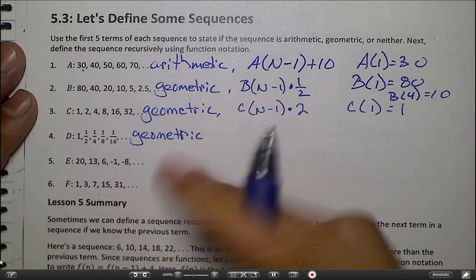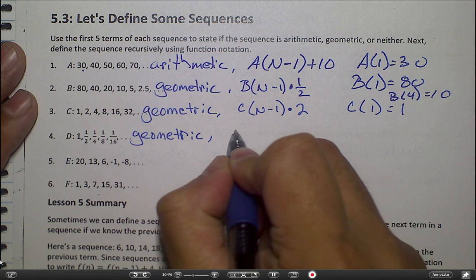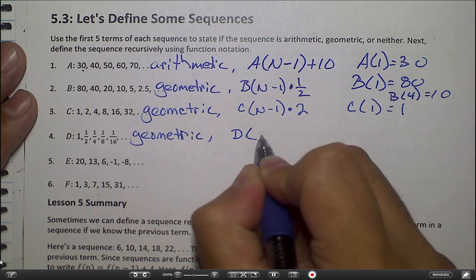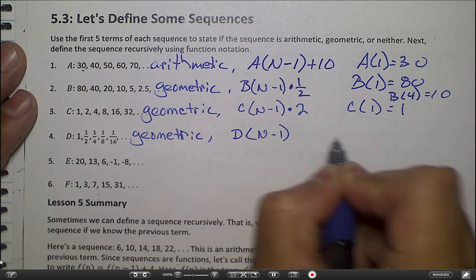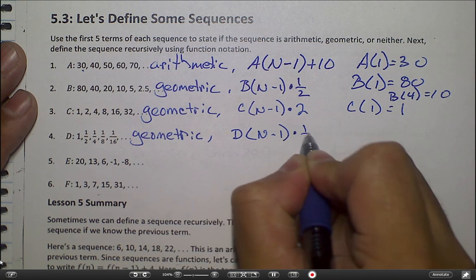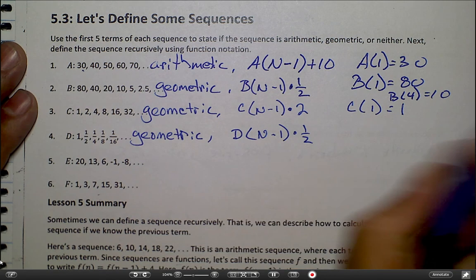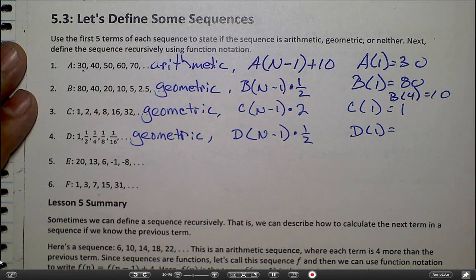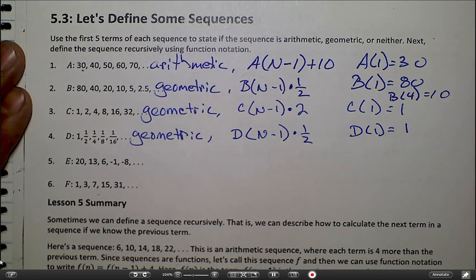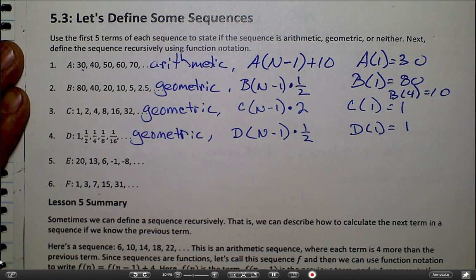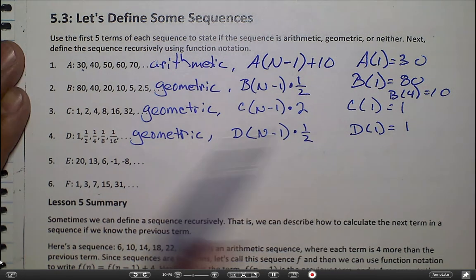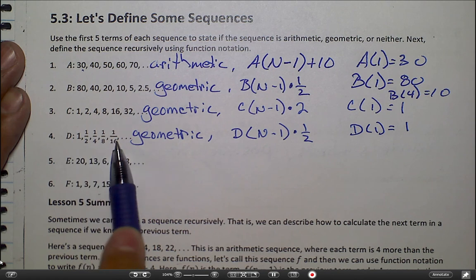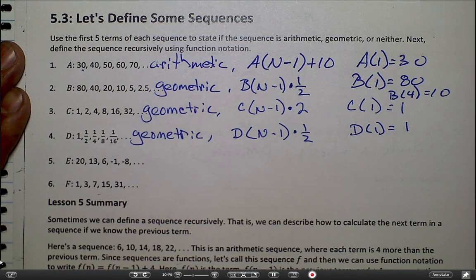Okay, so geometric. And so it's going to be d of n minus 1 times 1 half, and my d of 1 is 1, right? Yeah, very good. So each one is times half. What about E?